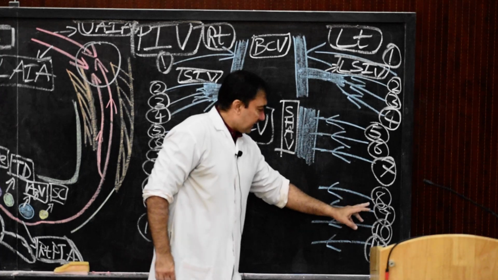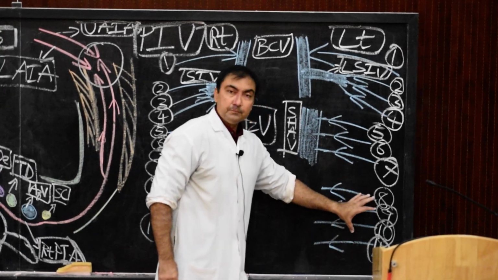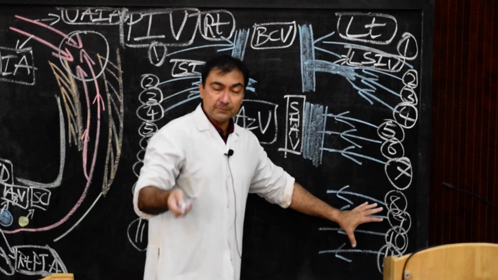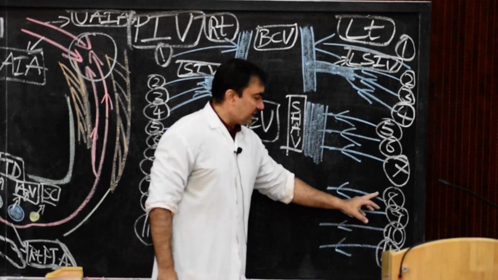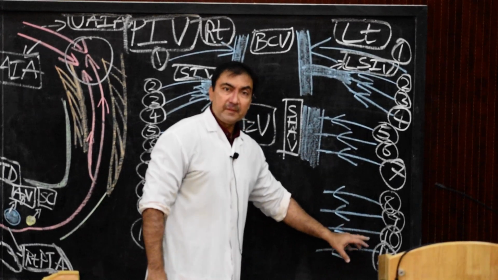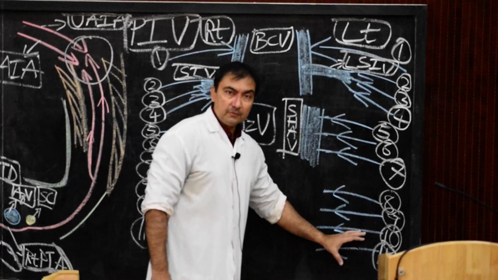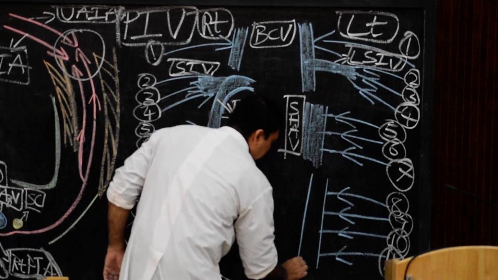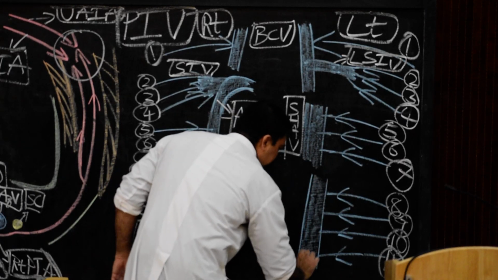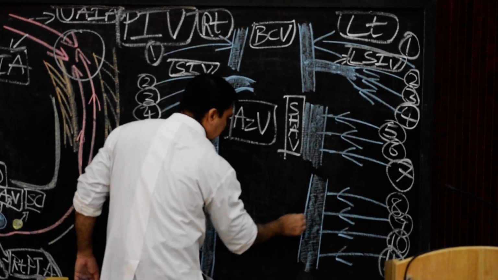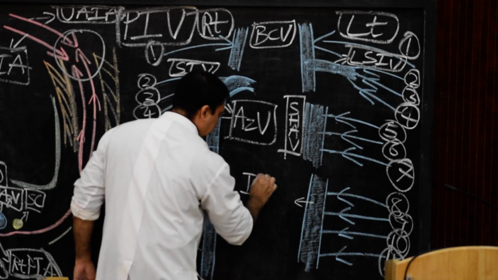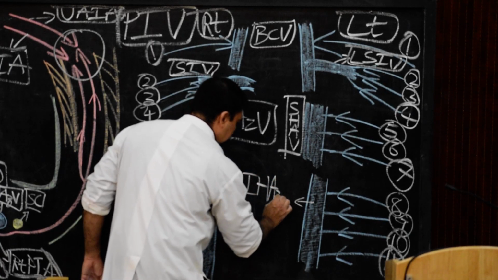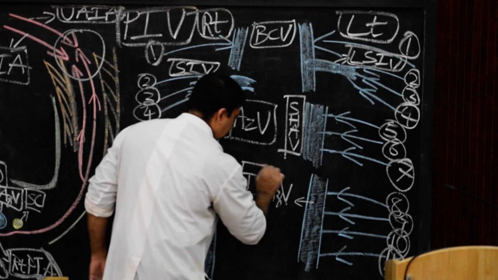Once again I repeat, the left side 8th, 9th, 10th and 11th posterior intercostal veins will drain into another vein, which will be the inferior hemiazygous vein. So here I will write down inferior hemiazygous vein.